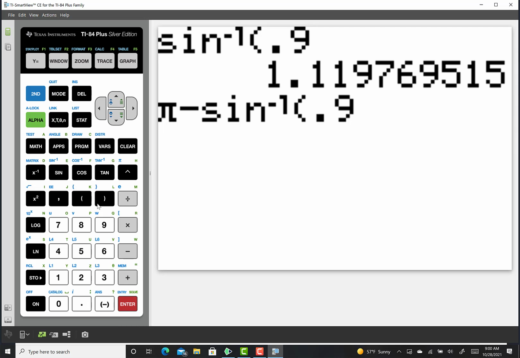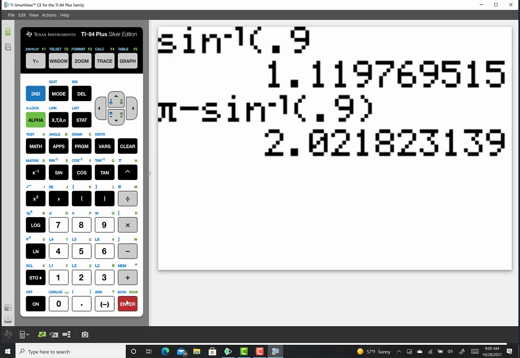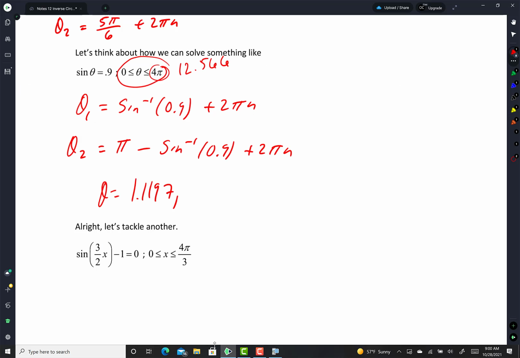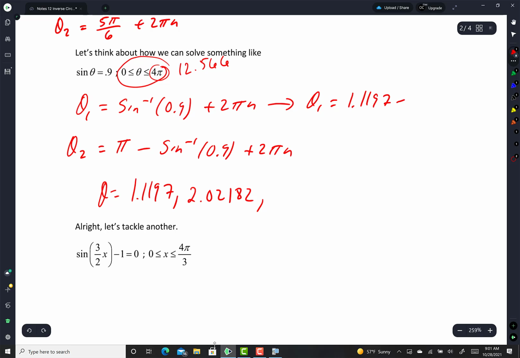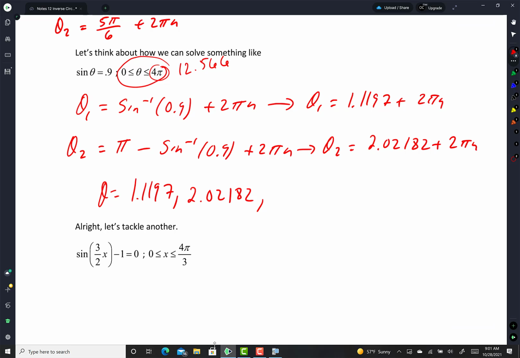So there it is, 2.02182, comma. And if you want to write that in here, theta 1 equals 1.1197 plus 2 pi n, and then theta 2 equals 2.02182 plus 2 pi n. I think that also helps tremendously.